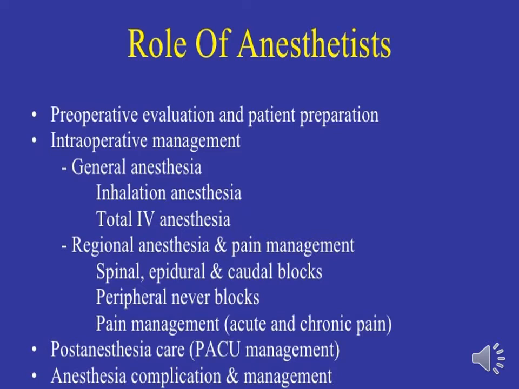There are many local anesthetic techniques like spinal, epidural, caudal, and peripheral nerve block, and pain management, acute and chronic pain. Post-anesthetic care, that is how to manage the patient after finishing the operation. Anesthesia complications and management. You must know any complication that occurs in general anesthesia and how to treat it.